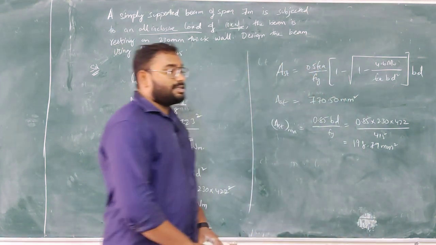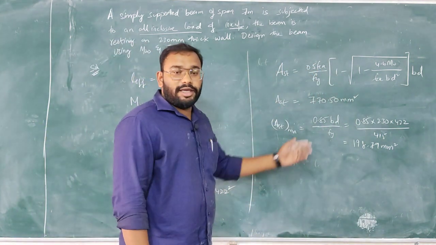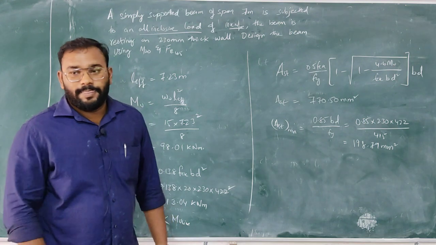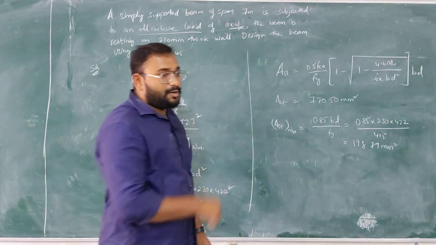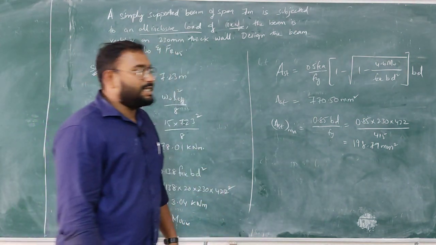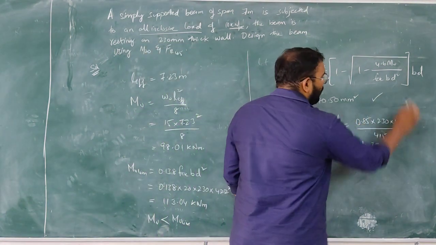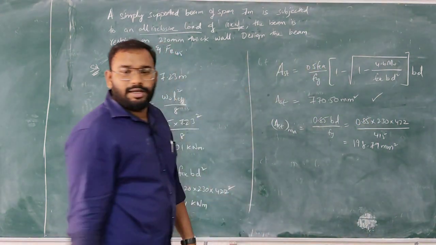Now in this case, Ast is more, Ast minimum is less. So which reinforcement is to be provided? Ast is to be provided, because this is more. Always remember, the greater of the two should be provided.